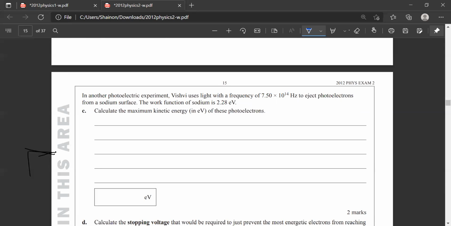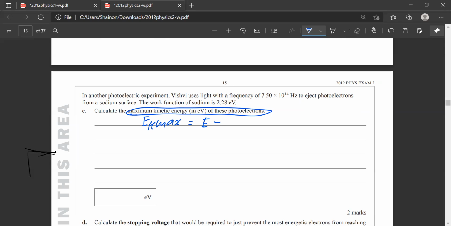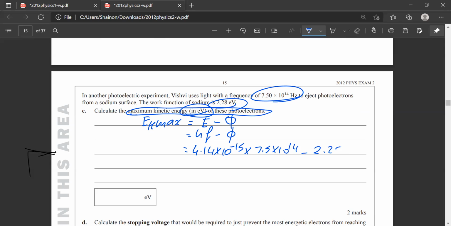EK max. So the maximum kinetic energy is just the EK, and EK max is energy minus the work function, hf minus this equals, in eV, 4.14 times 10 to the power negative 15 times frequency, minus 2.28, which is equal to 0.83 eV.